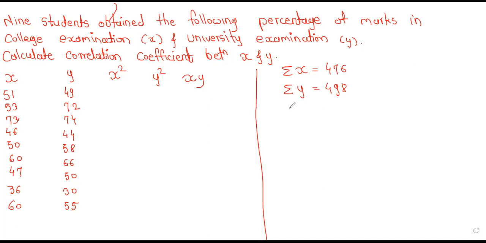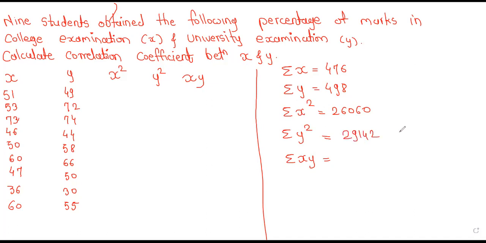Summation x square is 26060, then summation of y square and summation of xy. Summation y square, shift 1 forward arrow 1, is 29142.